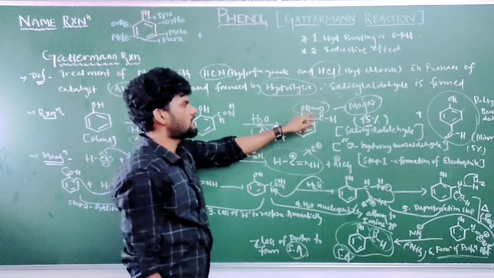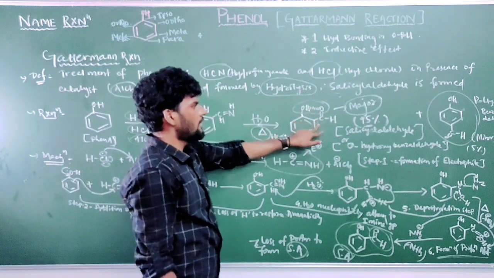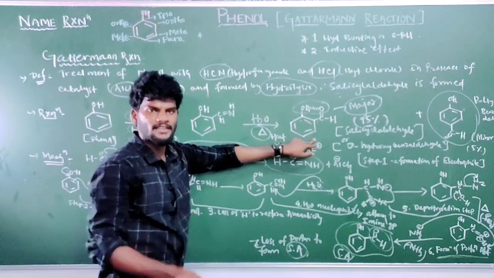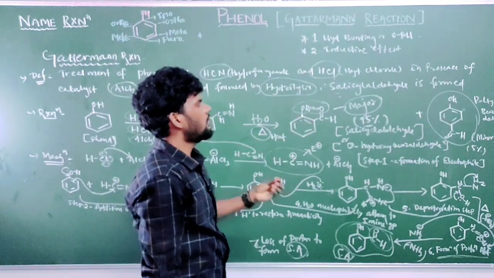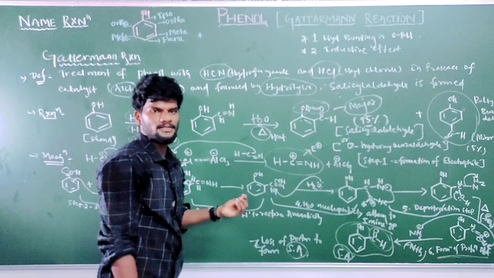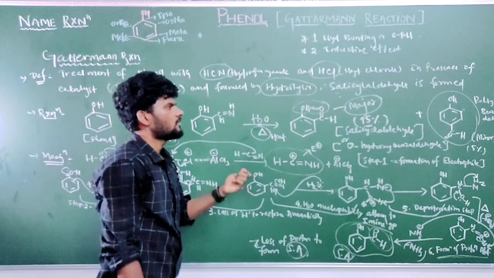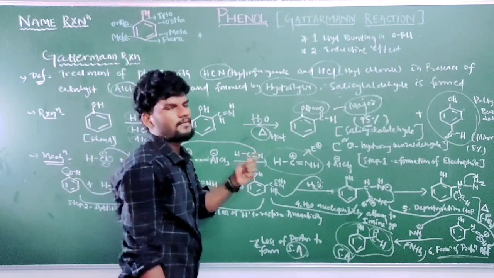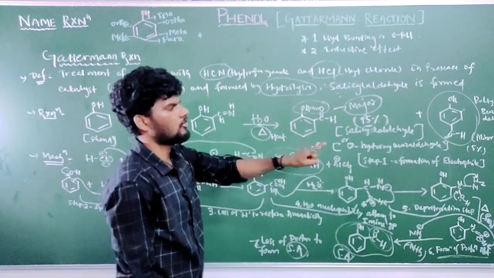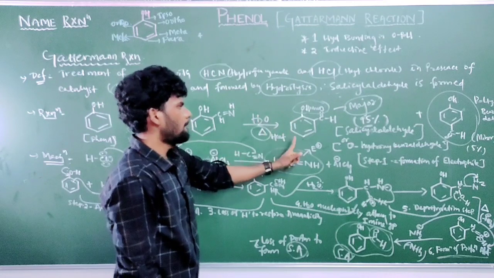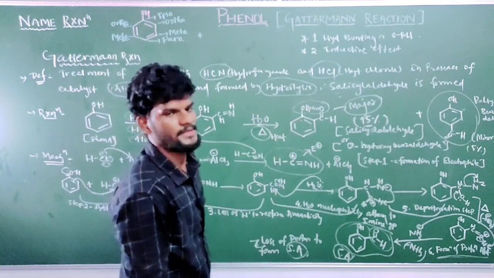That means if the distance from the OH group increases, the inductive effect decreases. So at the ortho position there will be more electron density, more nucleophilicity or more inductive effect than at the para position. That is why the para product forms in minor amount while the ortho product forms as major.